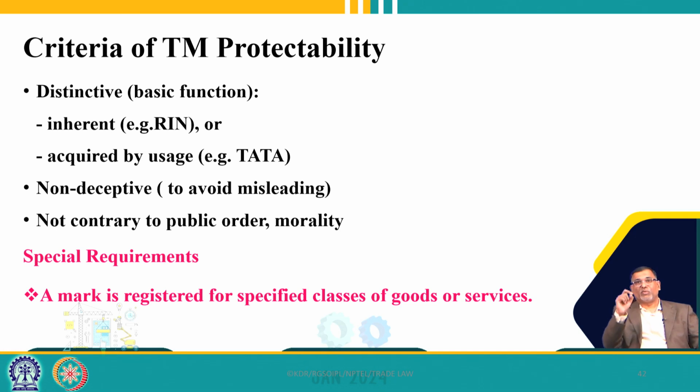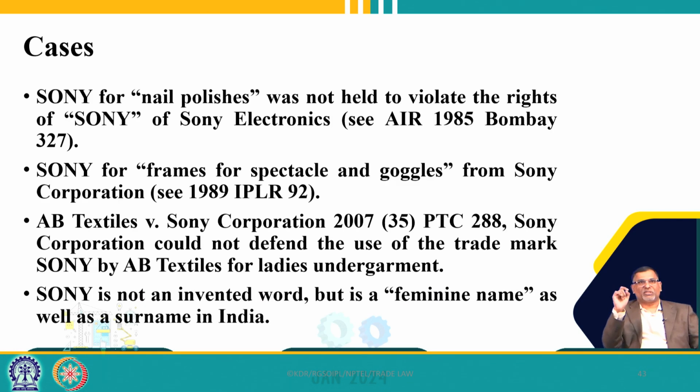And the criteria is very simple. One is distinctiveness, inherent or acquired by usage, non-deceptive, not contrary to public order or morality. These are some of the criteria of trademark protection.